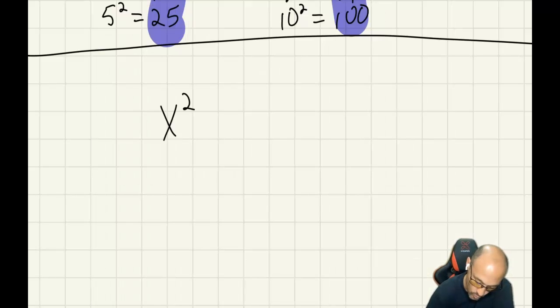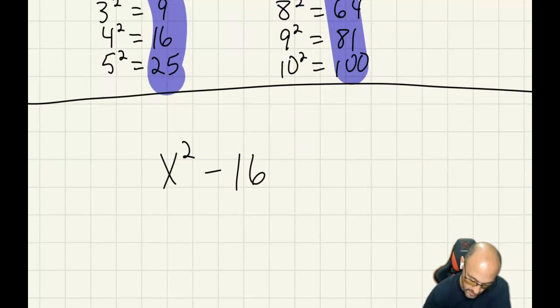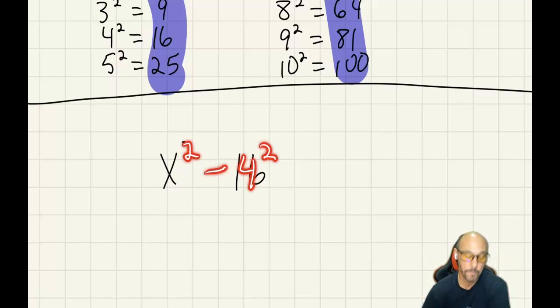If we have x squared minus 16. 16 is on my list of perfect squares. This is a square, it's a subtraction, it's a difference of squares.